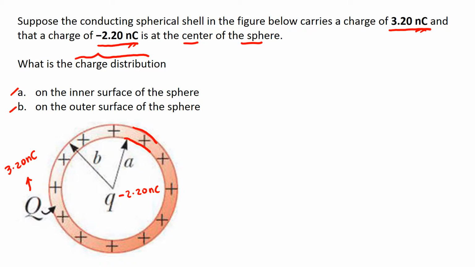So in order for us to solve for the charge distribution on the inner surface, let us consider this charge that is inside our sphere. This charge, which is negatively charged, would have electric fields pointing inwards, so there is an electric field that goes from up towards the charge. There is also that electric field here. So this electric field points in all directions.